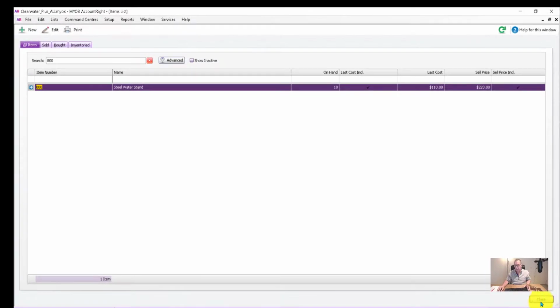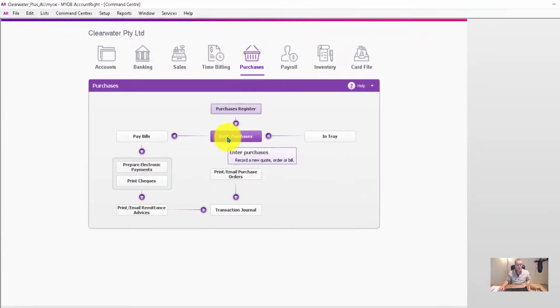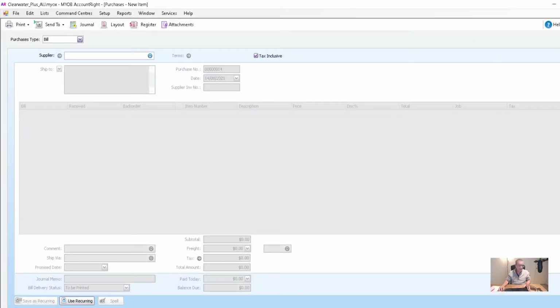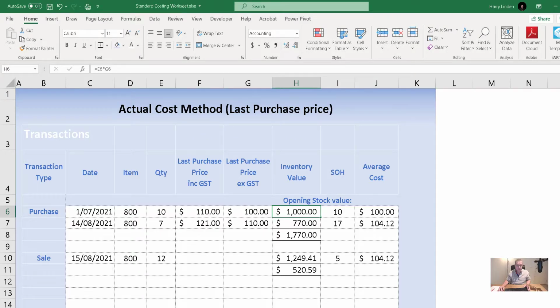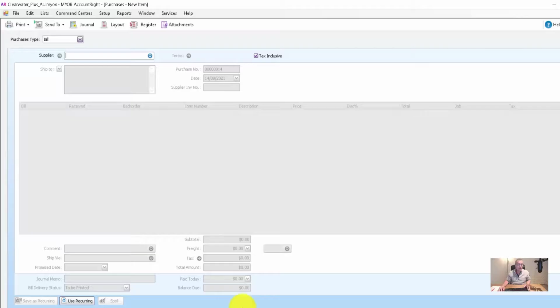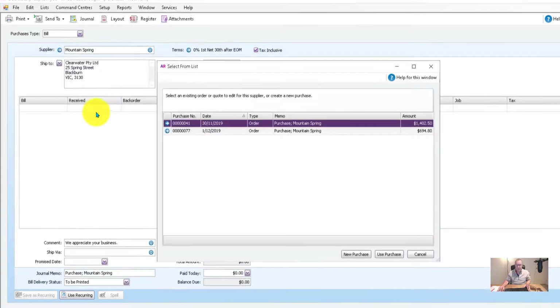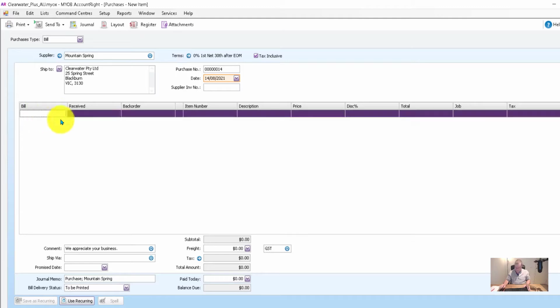So we're going to do another purchase, back to purchasing, and we did that on the 14th of August, and we're purchasing 7. This time it's going to be 121. Let's choose the same supplier and ignore that, and we're going to purchase 7 this time.